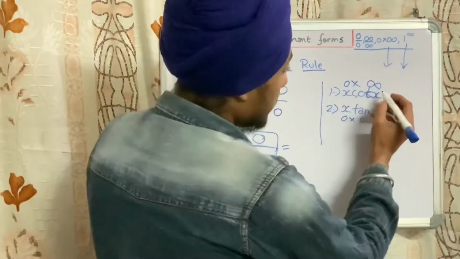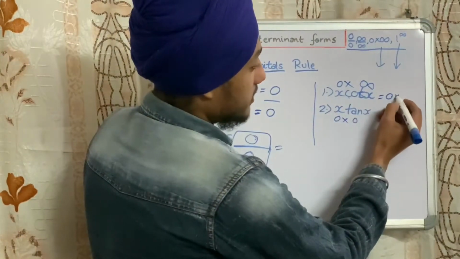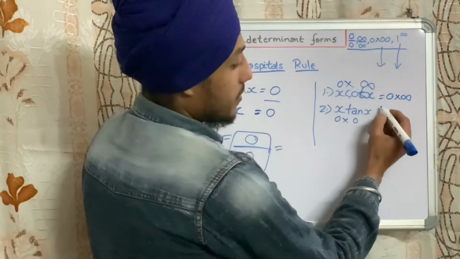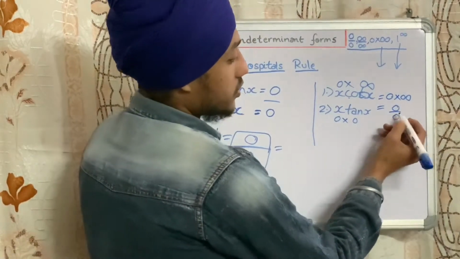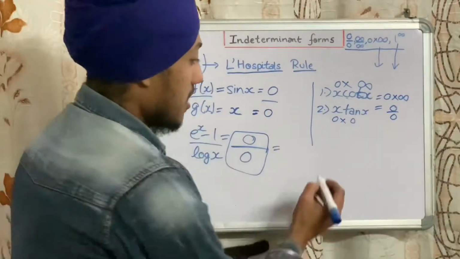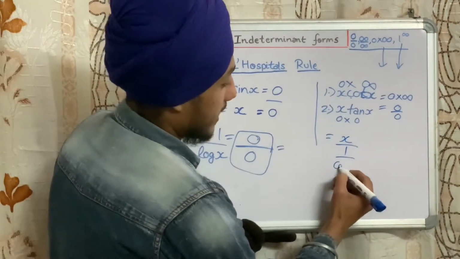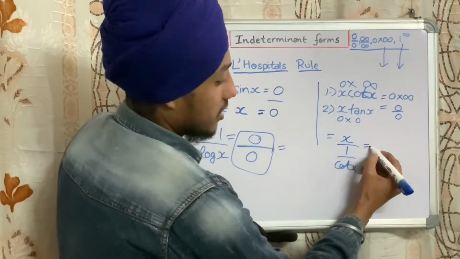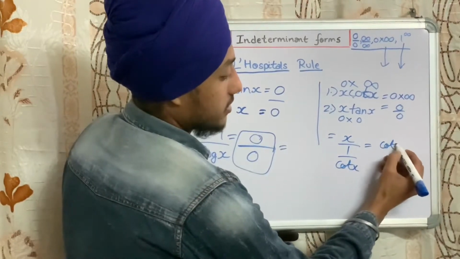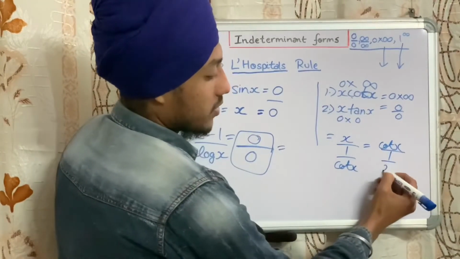So how do we change this form into a 0 by 0 form? This is very easy. We can put x divided by 1 upon cot x, or put cot x divided by 1 upon x.